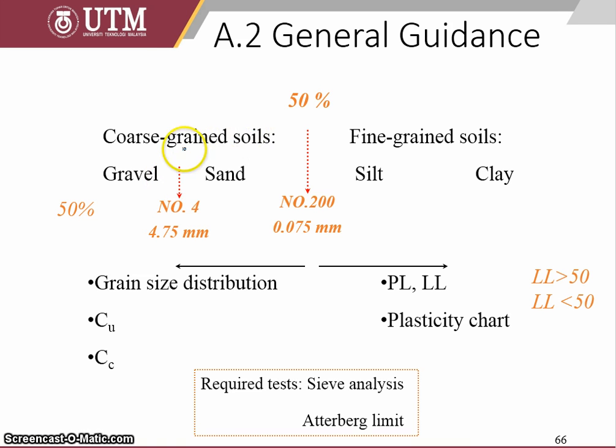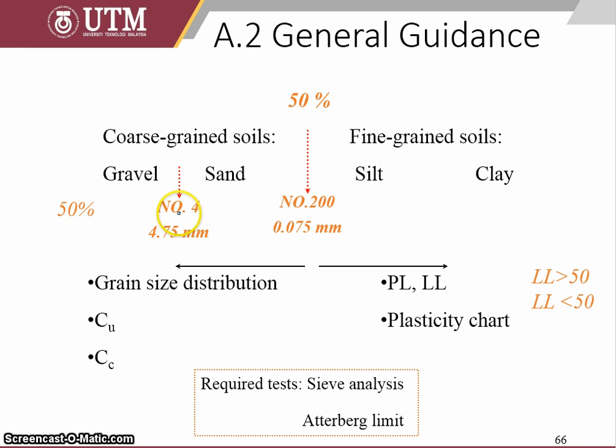So let's say the soil has more than 50% coarse grain soil, so we have to choose whether it is gravel or sand. How do we know that? We have to check the number 4 results.